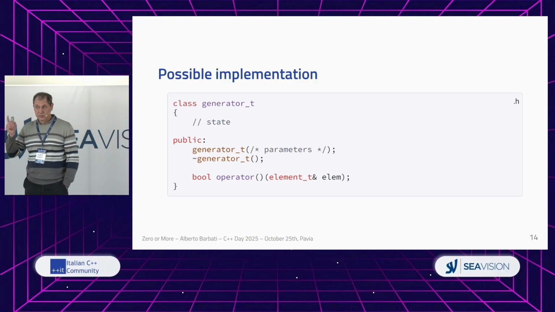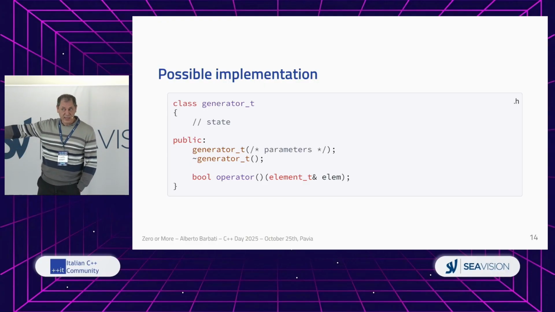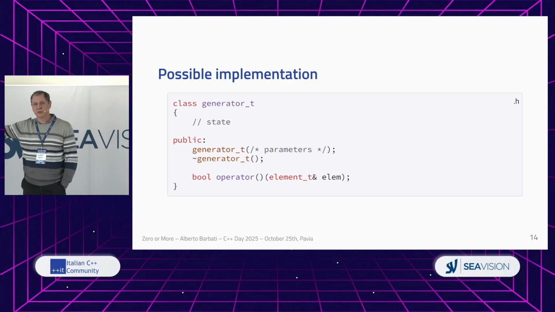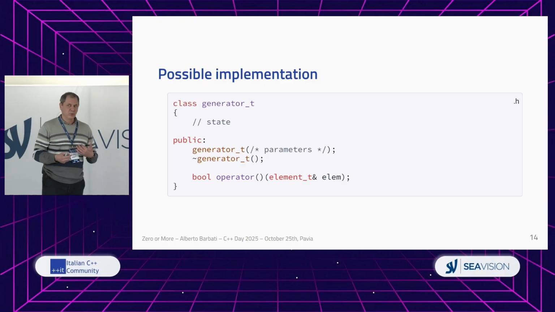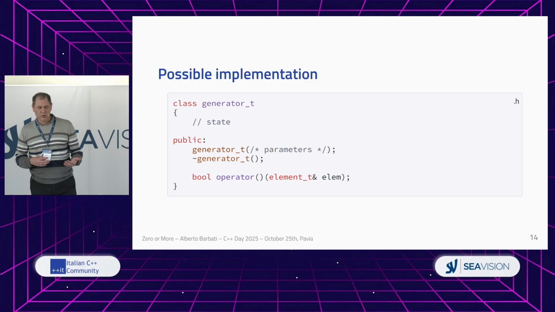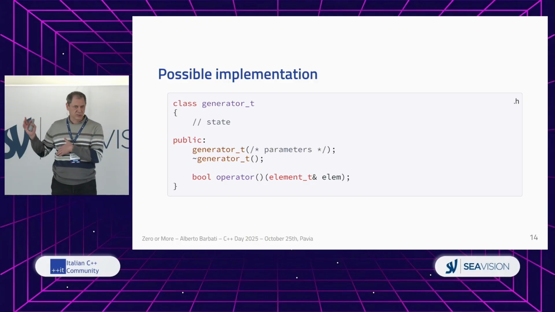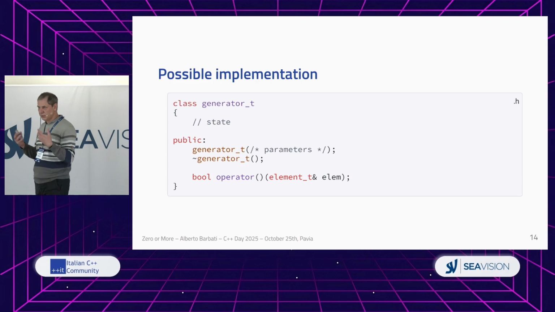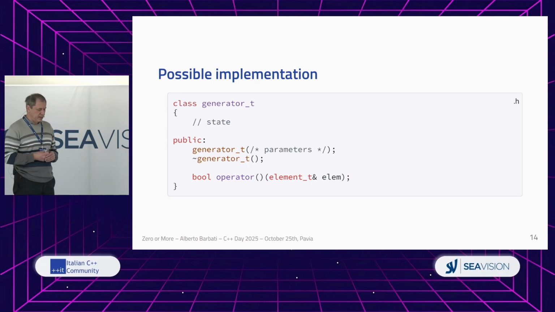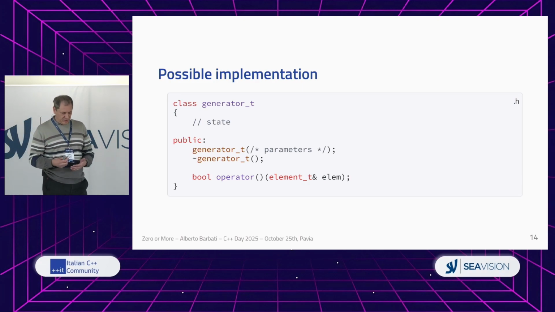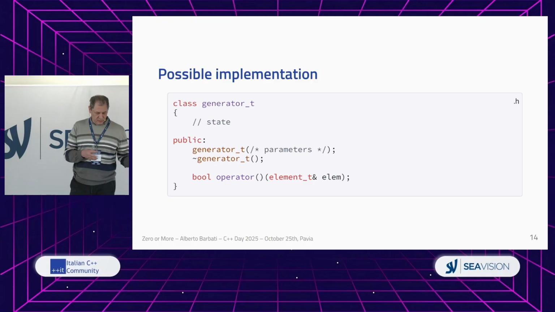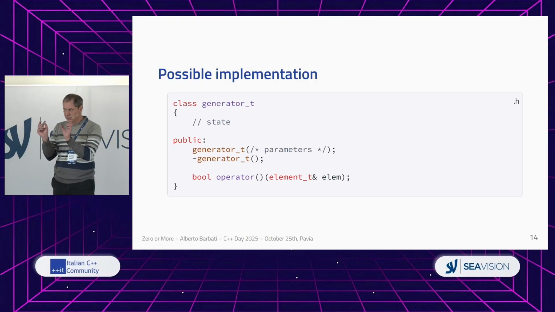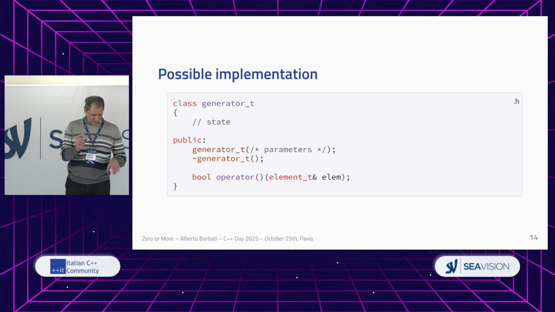Notice that here the only name in the slide is generator T. You don't need to invent names for the function, because you are using operator parentheses, the call operator, that has an established meaning of being used as a call function, as a call expression.